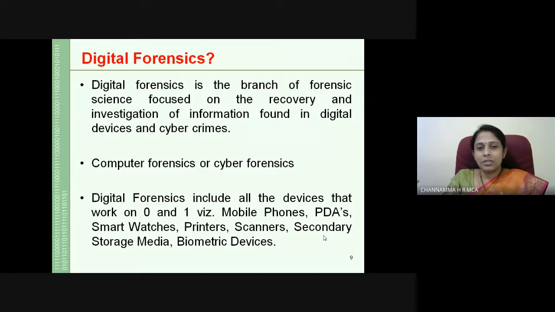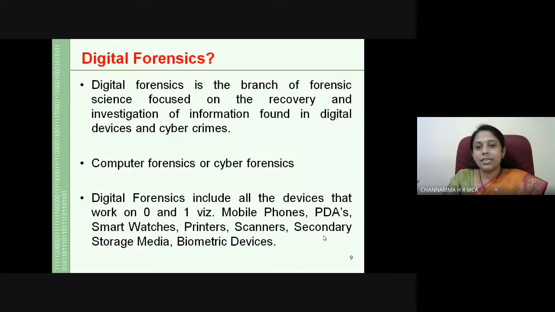Usually the words cyber forensics, computer forensics, and digital forensics are used synonymously in day-to-day life. Actually, they are specifically different, but overall they overlap, and we use them frequently and interchangeably.